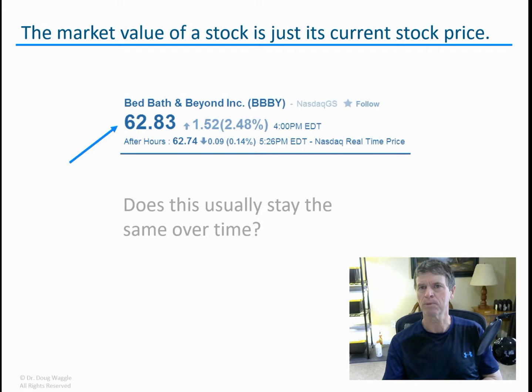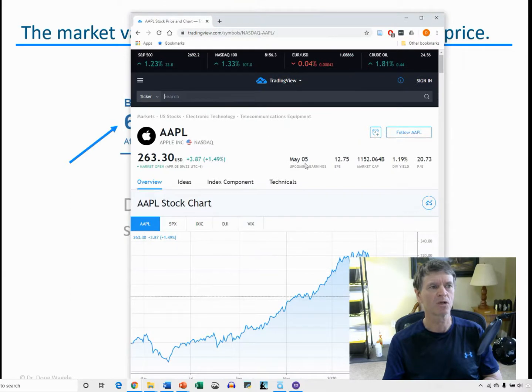So let me see if I can get one here. So here, let me drag over. The market's open right now. There's the quote for Apple Computer, 263.30, 263.20.